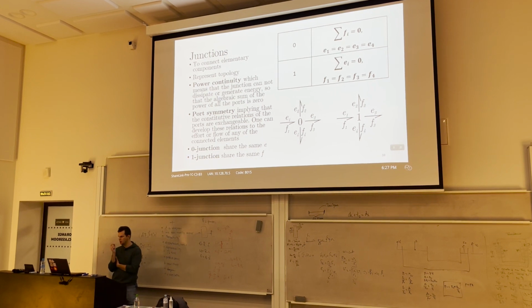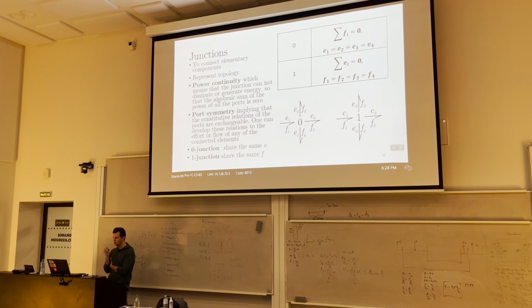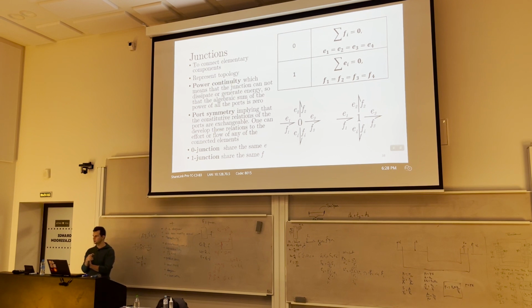In this case, we need to sum all velocities or all currents, and the sum of the currents will be equal to 0. This one is called zero junction, and one junction is like when we have the same current in a node, and we need to sum all the voltages to 0. Does it ring a bell?